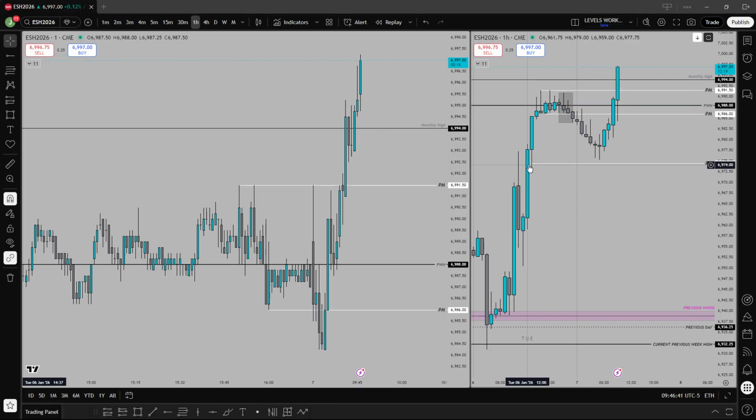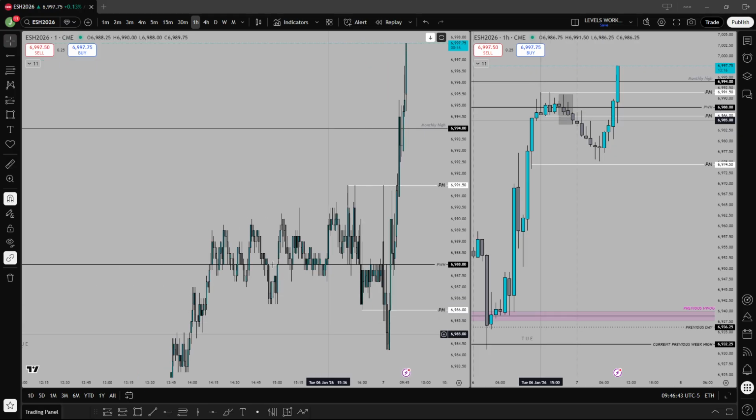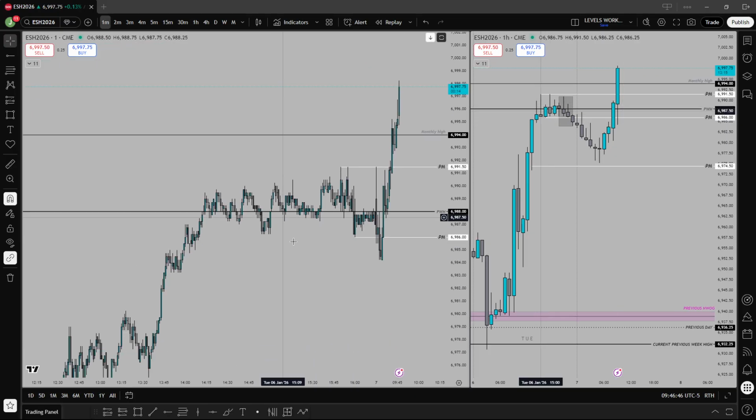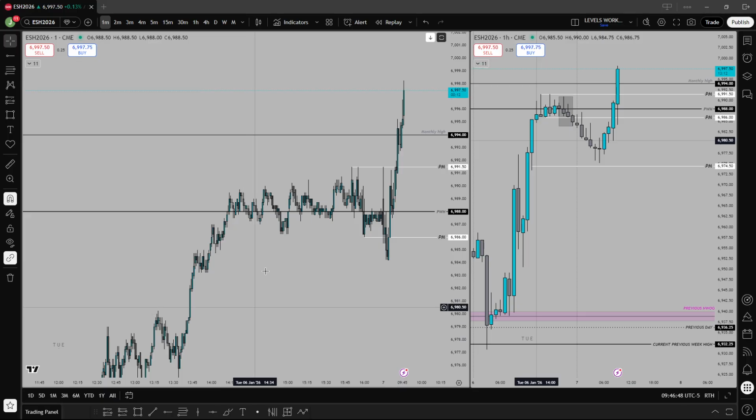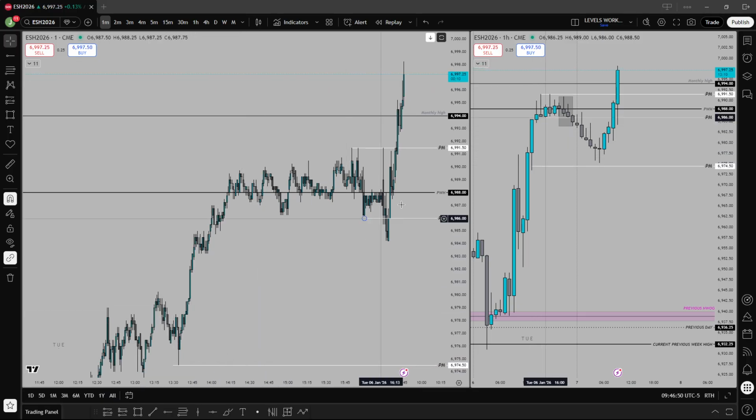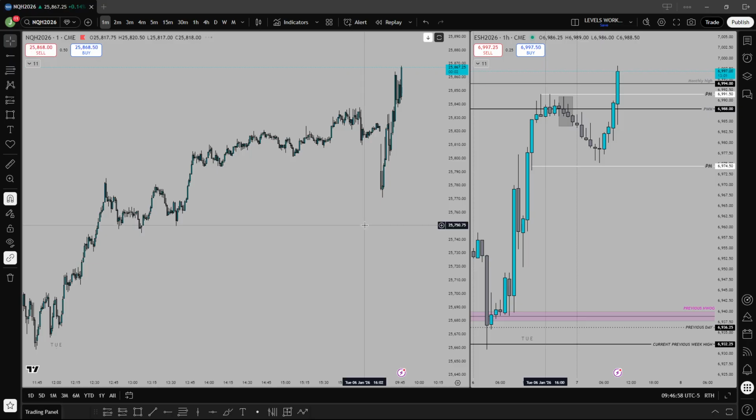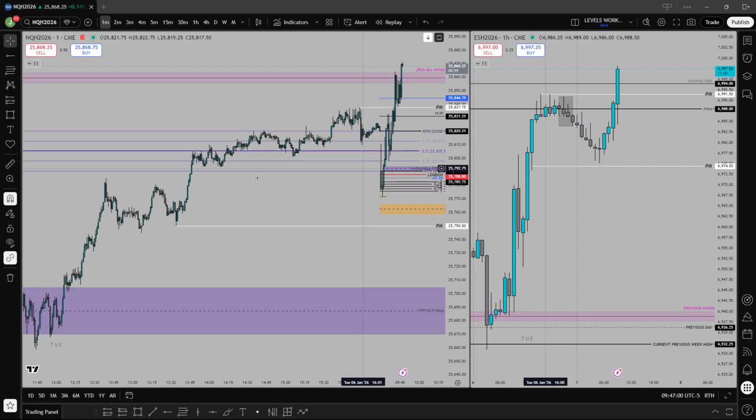Okay, sorry, this was not the PM low. Yeah, okay, my bad. This is the PM low. So we did actually take a low on ES. We took many lows on NQ.